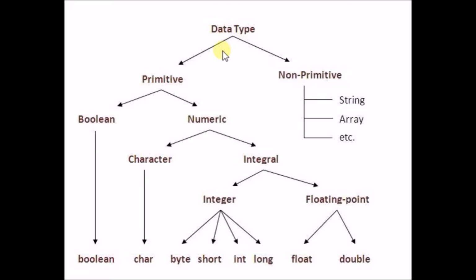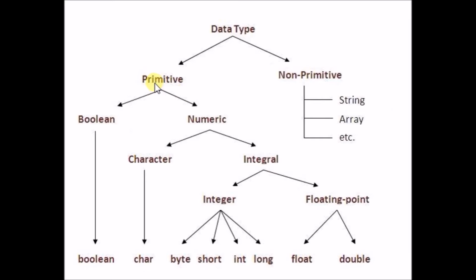Here we have the data type categories, primitive and non-primitive. The non-primitive, which is not fitable into the computer architecture, is string and array. And the primitive data type is fitable into the computer architecture.